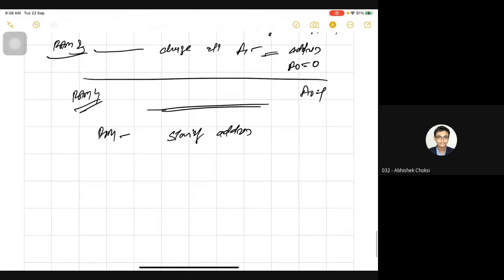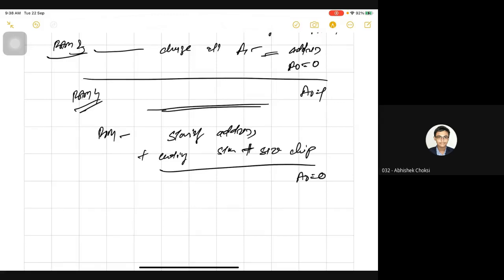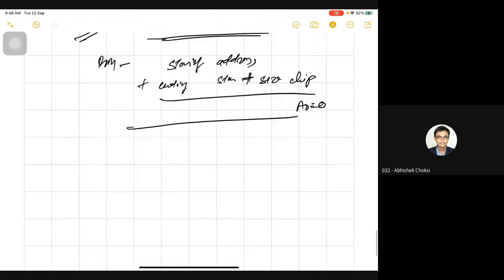To find out the ending address, you need to do starting address plus size of the chip. Fine, you will get a value. At that point of time, A0 will be 0. For the next one, you need to make A0 equal to 1, and it will be treated as the odd bank. This will be my even bank, and my example is clear.